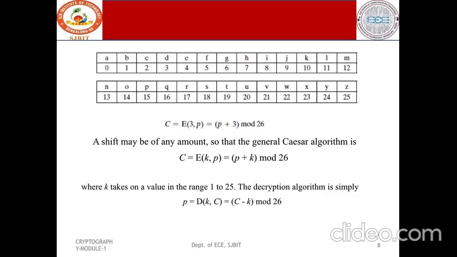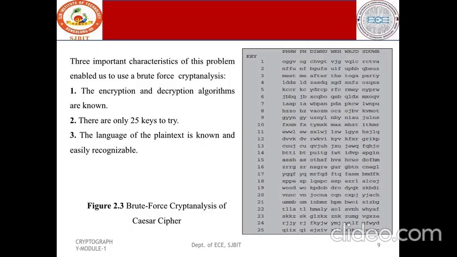If it is known that a given ciphertext is a Caesar cipher, then a brute force cryptanalysis is easily performed by simply trying all 25 possible keys. This figure shows the results of applying this strategy to the example ciphertext. The plain text leaps out as occupying the third line.